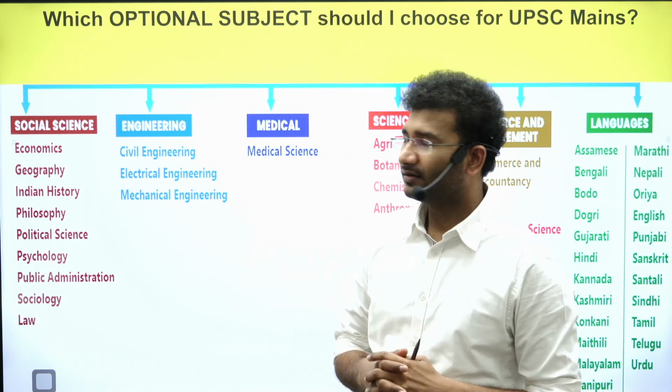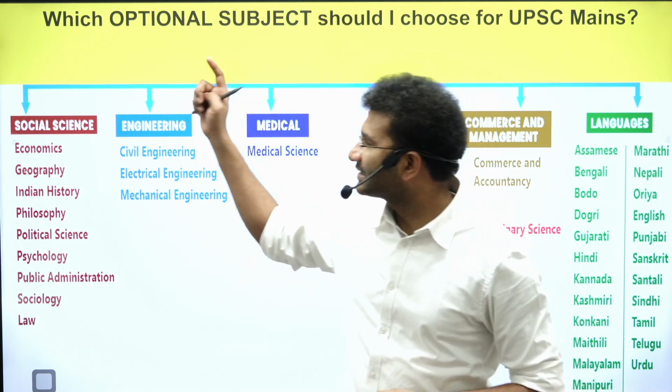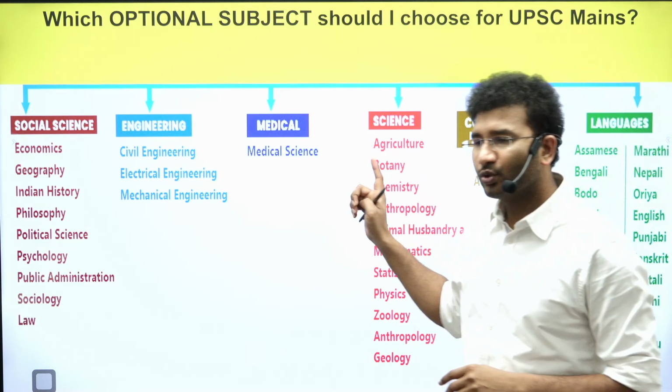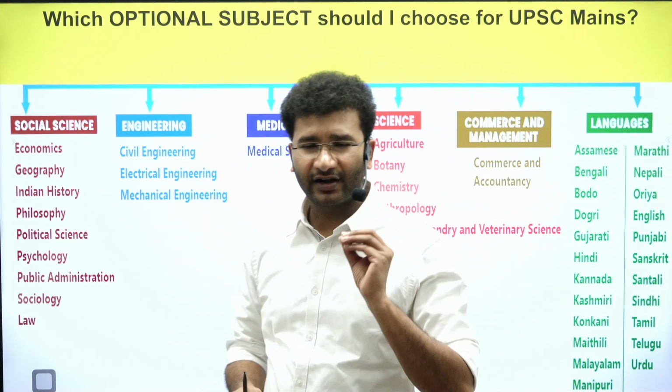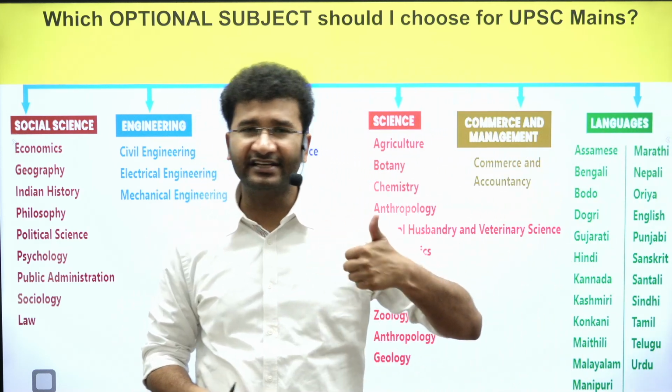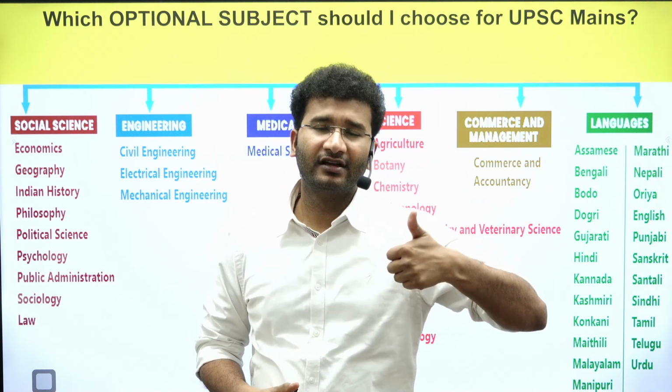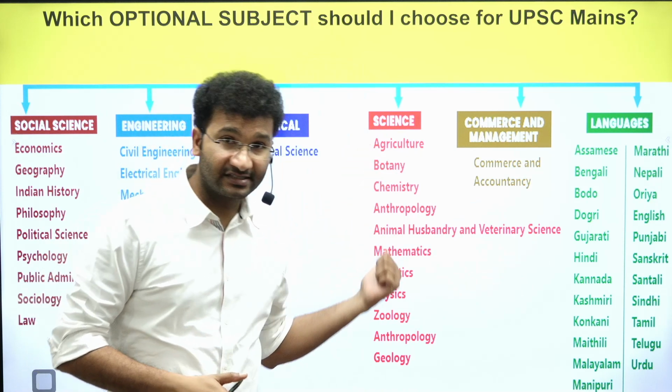Now coming to the social sciences and the sciences, there is a fundamental difference between science and social science. The science subjects deal with theories.